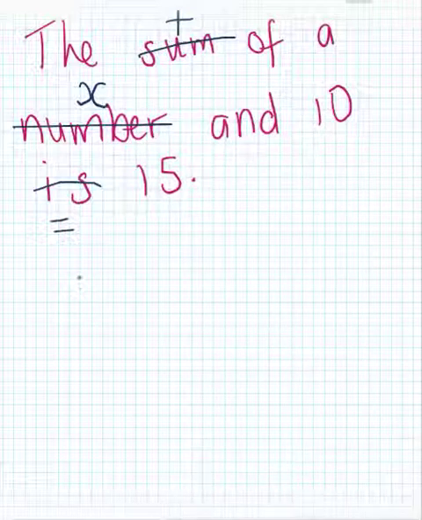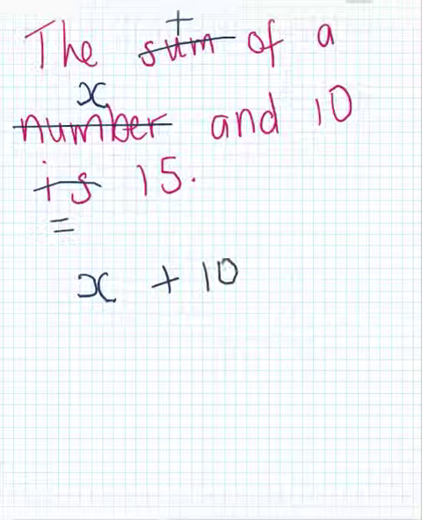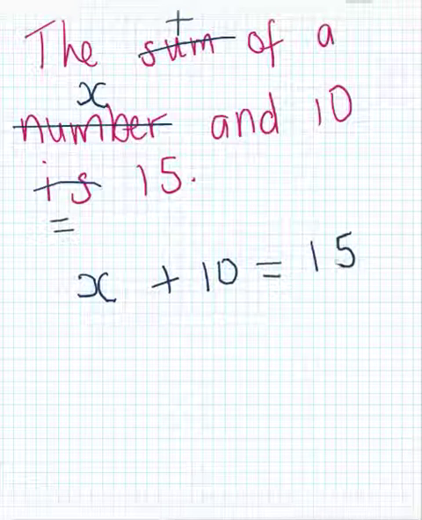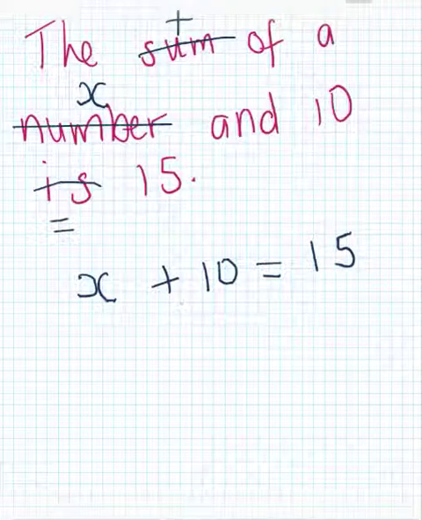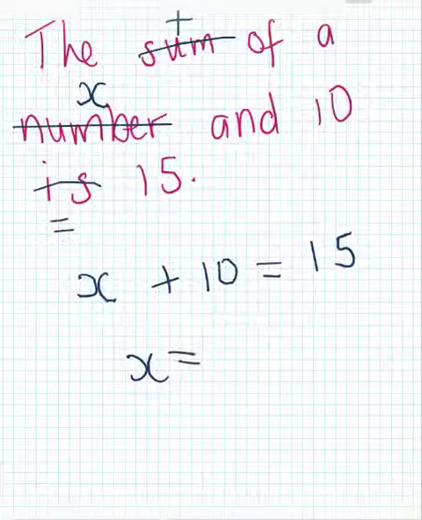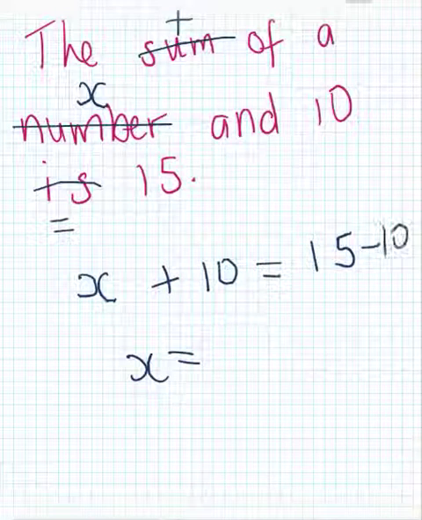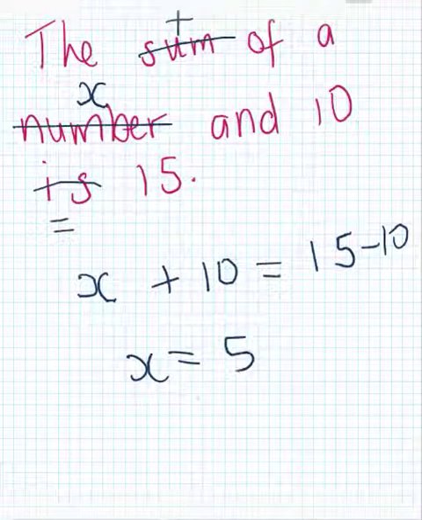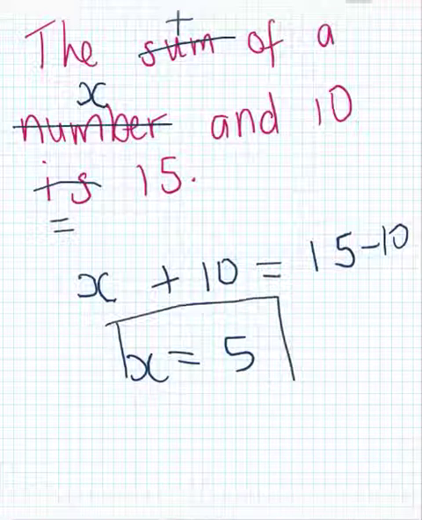So I would have the sum of these two numbers, so x plus 10 is 15 or equals 15. And to solve this, we now minus 10 on both sides, so 15 minus 10 would leave us with 5. So the number was actually 5.